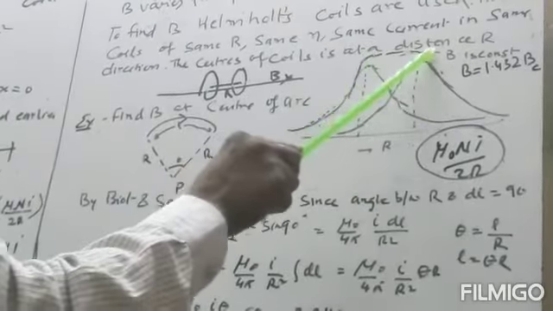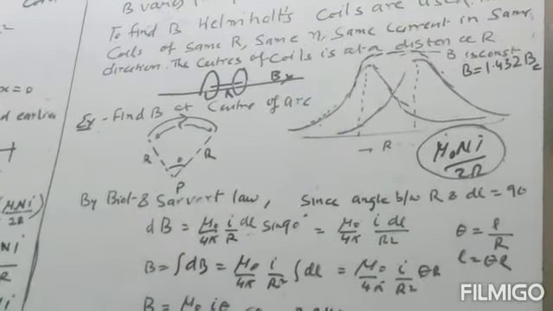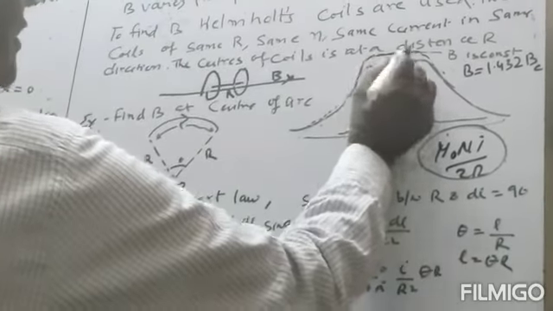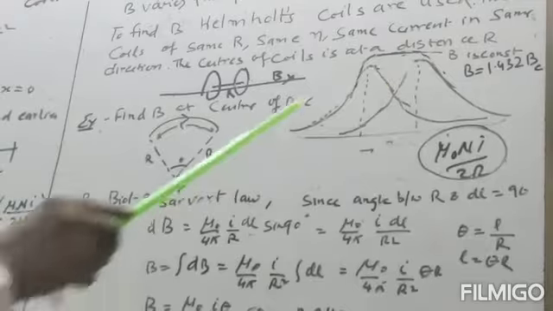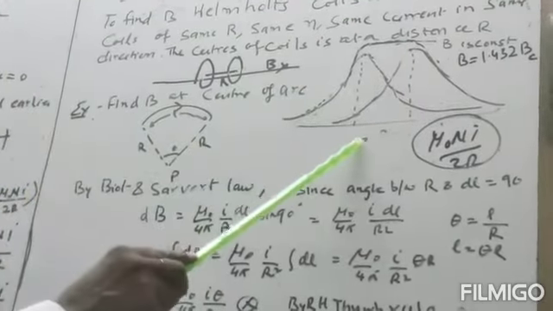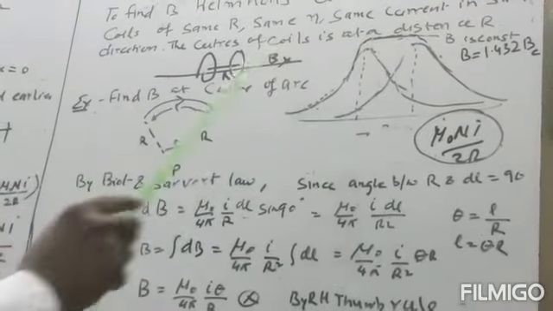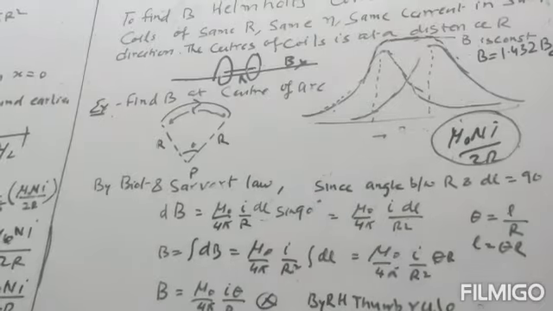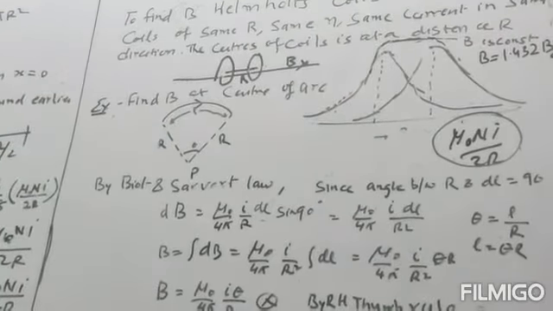So it will be like this, and from here to here we see the magnetic field is constant. Because the magnetic field is constant, we can use the Helmholtz coil for the measurement of magnetic field, and it cannot be measured by a single coil. So this is all about the magnetic field due to the coils.